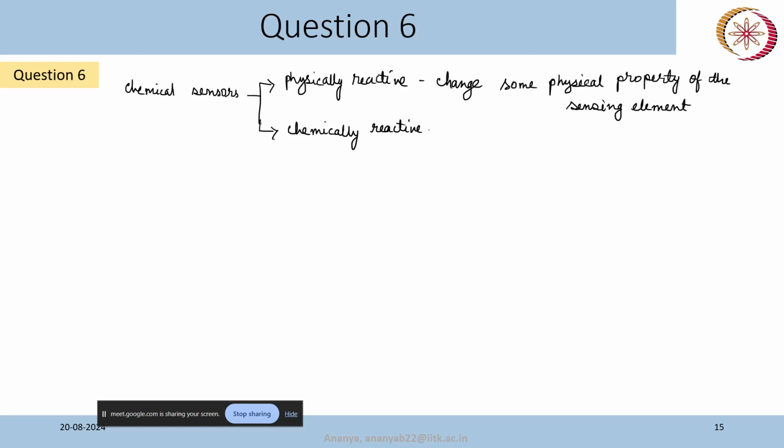Those types of sensors are known as physically reactive sensors, whereas in chemically reactive sensors, the electrical properties change, say the conductivity of the sensing element changes. Say due to change in ion concentration, the conductivity of the sensing element changes, or the sensing film may be changed. So those are chemically reactive sensors. The examples we have discussed, mostly those are chemically reactive sensors.